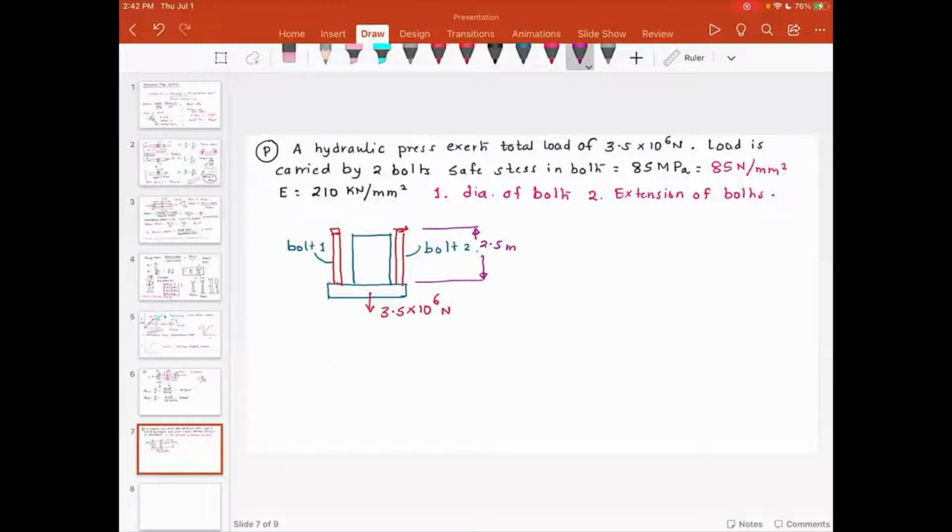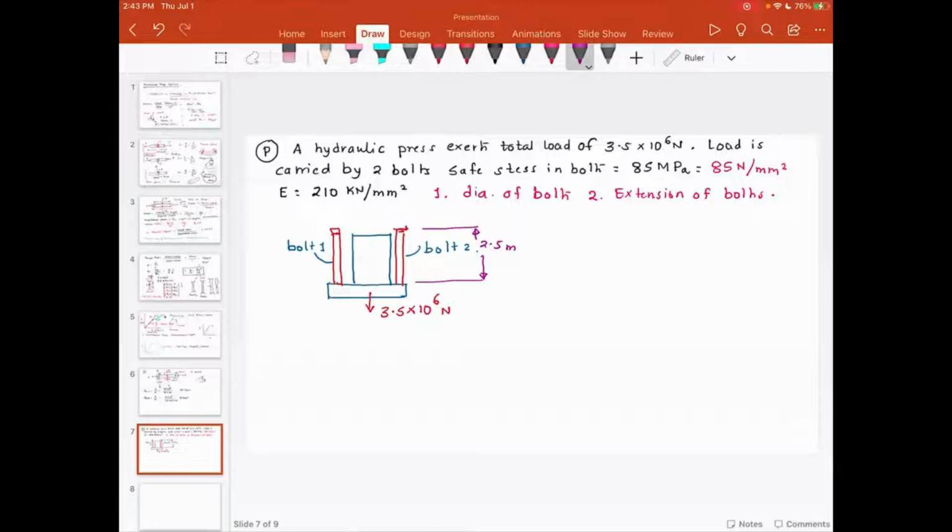And this is a classic design problem. We have to find out the diameter of the bolt, and we have to find out how far the bolts are extended.